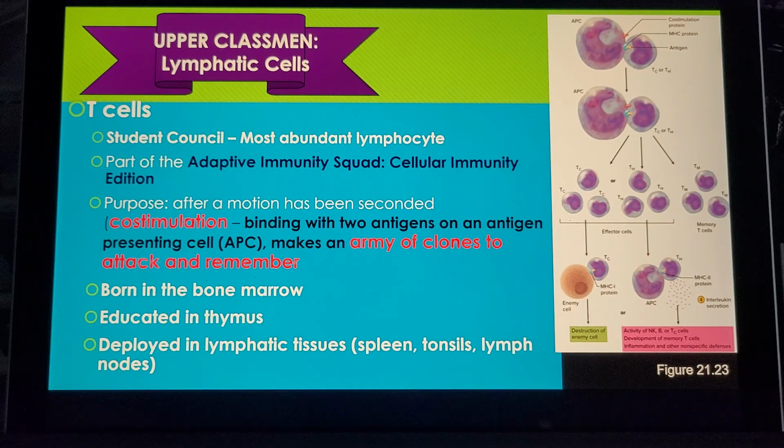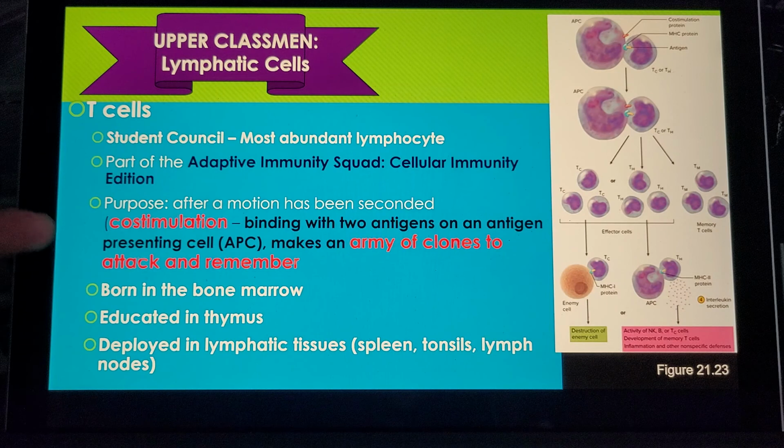With our T cells, when one recognizes the foreign antigen that's been displayed on an antigen-presenting cell, it has to be co-stimulated, so it has to be stimulated twice. Its job is to create an army of clones to attack the current situation, but also create memory cells to remember that foreign antigen.